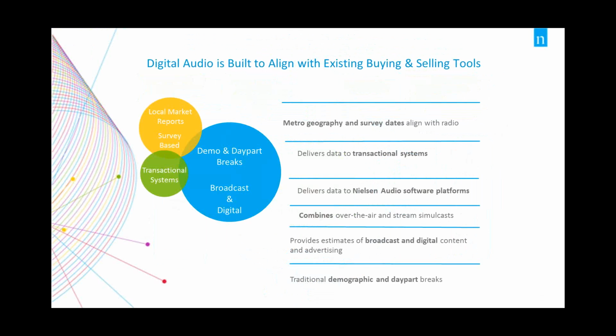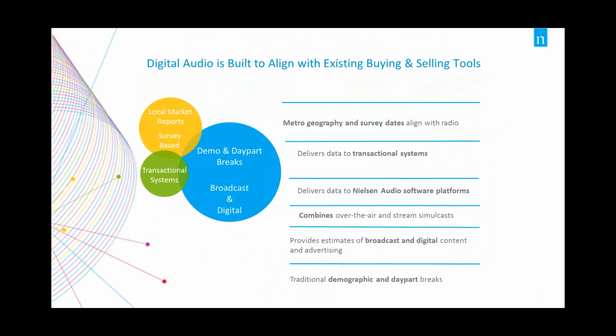Here again, not unlike the earlier reference to TLR, this service will also combine your over-the-air number with your digital simulcast stream. And the service is really, more than anything else, as I mentioned before, built to be as flexible as possible.